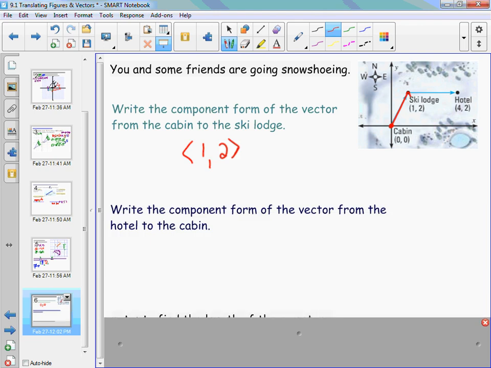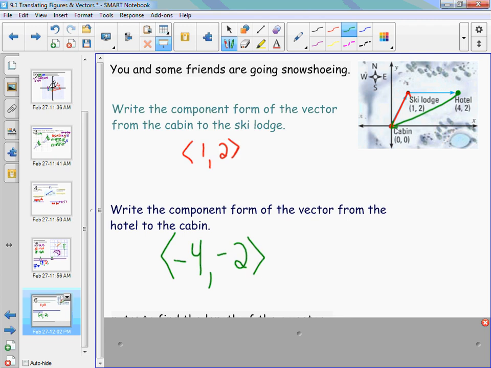It says write the component form of the vector from the hotel to the cabin. So here we are at (4, 2), and we are going back to the cabin. So we're going from (4, 2) to (0, 0). So from 4 to 0 would be negative 4, and from 2 down to 0 would be negative 2.